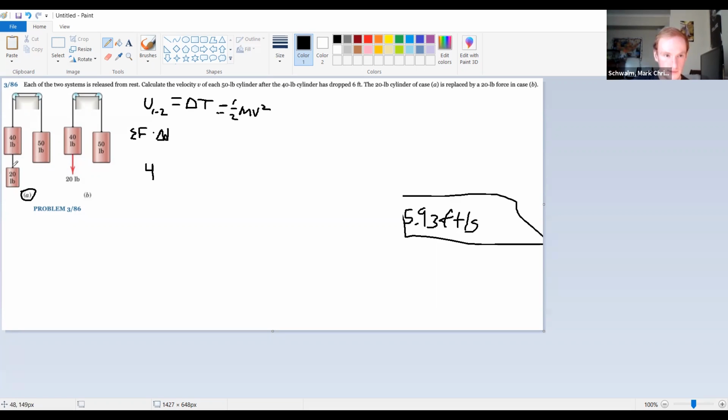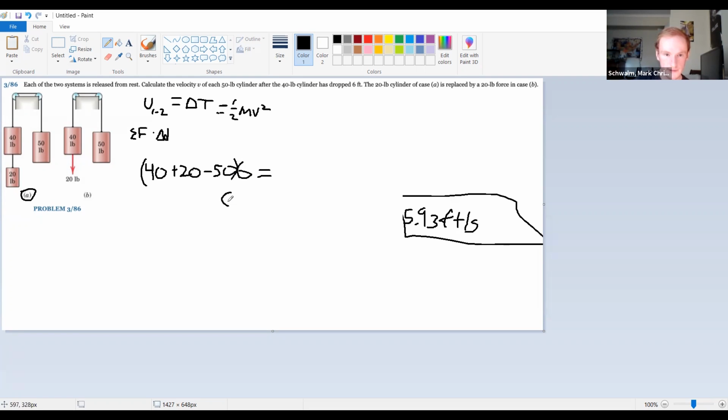All right. So for this one, we're going to have the same thing on the left side. Because these are both forces, we have the 40 pounds of force going downwards due to acceleration of gravity, and we have 20 pounds of force just being pushed downwards in general. So we have 40 plus 20, and then again minus the 50, because that is another 50 pounds of force that is resisting this going down due to gravity. And then again multiplied by 6.